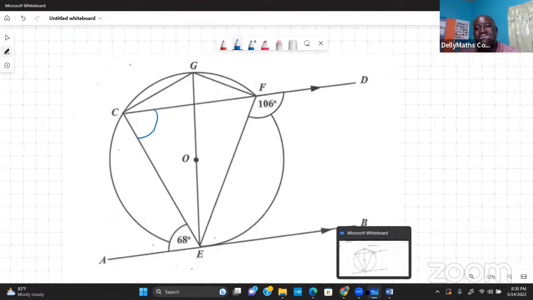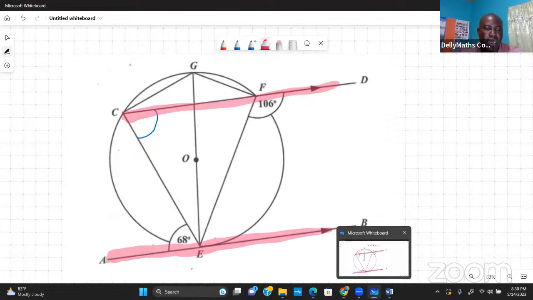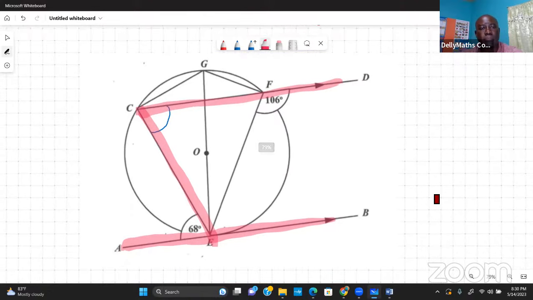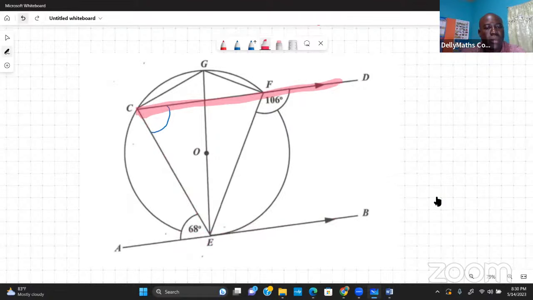You do realize that we have parallel lines here, and a transversal. So you should see a Z angle coming out. Take a look at it, see there, Z angle coming out. So it means that this is 68.